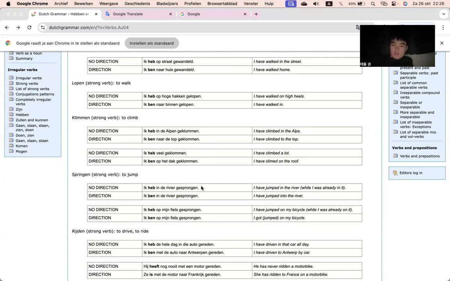Ik heb op mijn fiets gesprongen. Ik ben... I got on my bicycle. I have jumped into the river. So it's a matter of whether you're going inside the river or you have just jumped in the river. Wow, I was already in it.